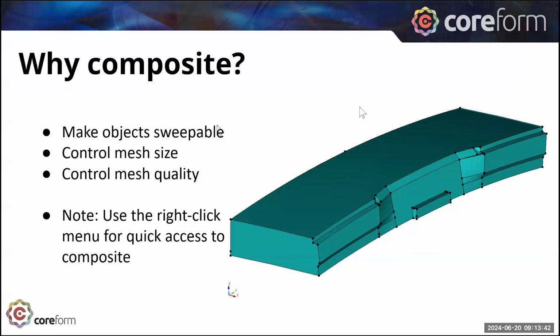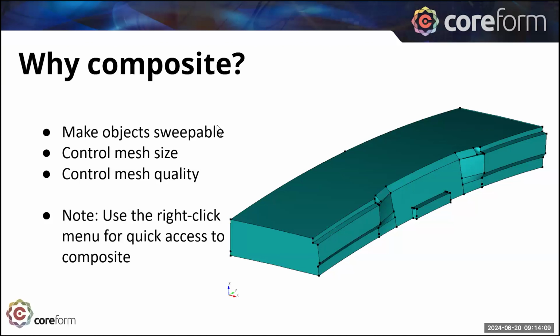Okay, so we composite to make objects sweepable, to control the mesh size and to control the mesh quality. Use the right-click options to select continuous, to select similar, and also to access the composite. So that's just a really quick overview on this simple model of how to do some of those things.